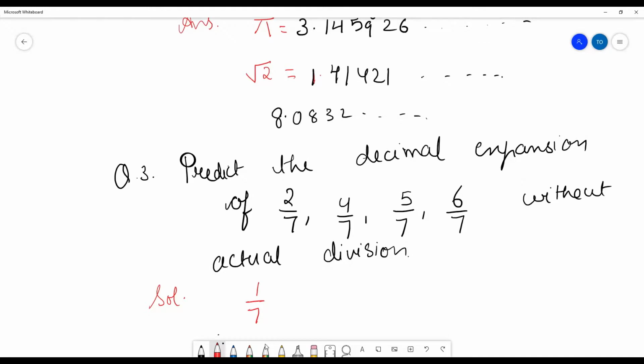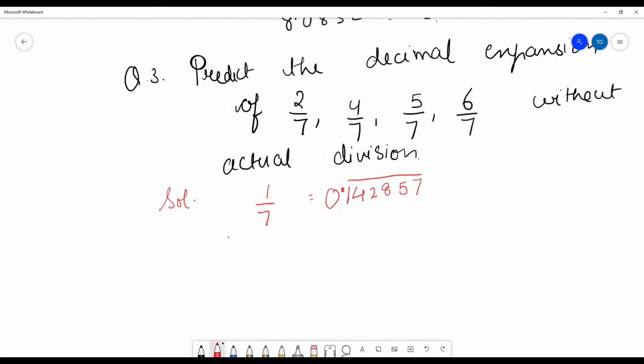So 1/7 is your number, and if you solve it, you get the answer 0.142857, and this will get repeated again. So this is the bar 0.142857. If this is the number, then how can we find 2/7?